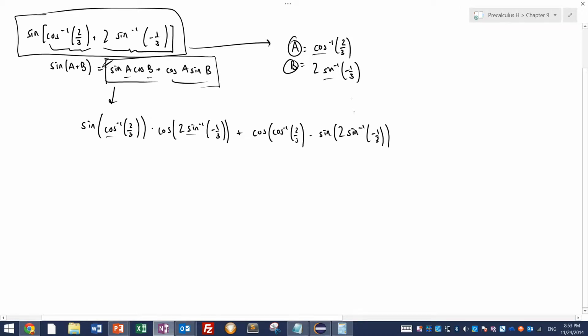Now, dealing with this coefficient of 2, we're going to have to treat that like arc sine of negative 1/3 plus arc sine of negative 1/3, as if it's 2x equals x plus x.